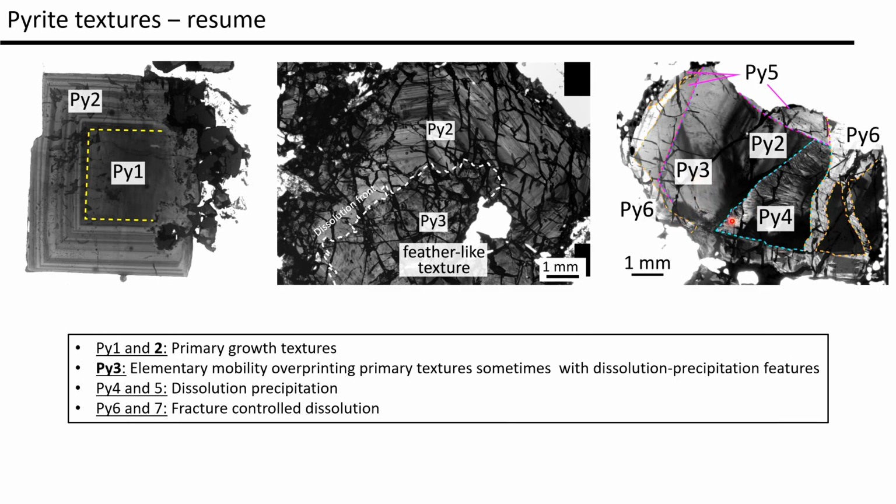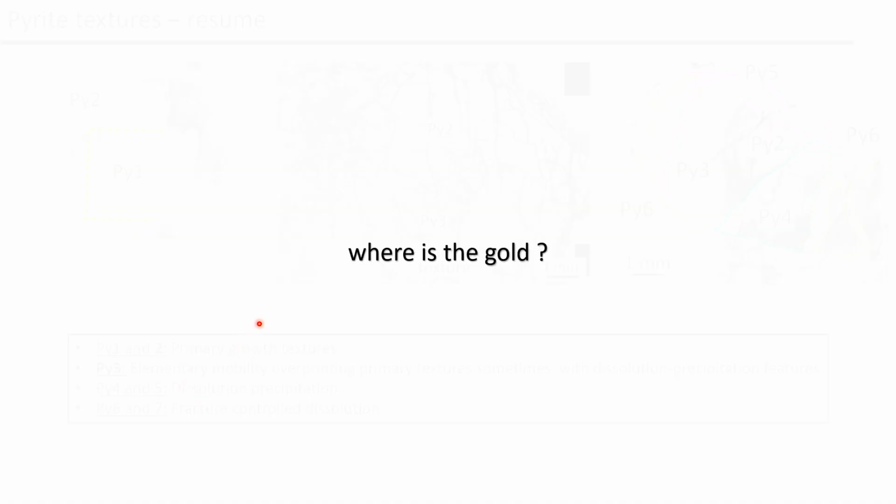Then in Triangle, in the shear zone, in the shear vein, sorry, we can see those dissolution-precipitation and fracture-controlled dissolution textures. This last texture seems to appear after the fault-valve model and in maybe more brittle conditions, so later in the system. But where is the gold in those pyrites?